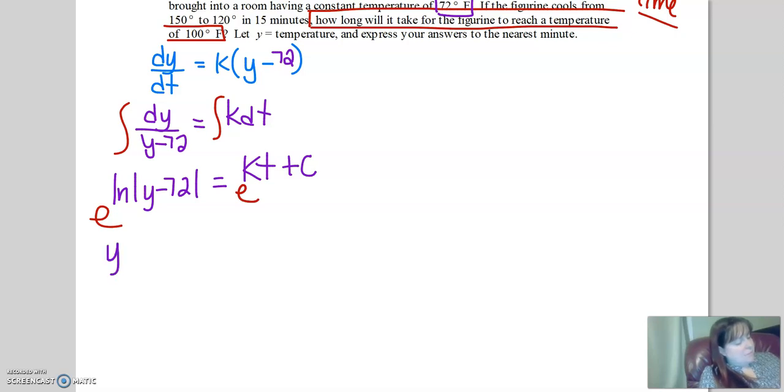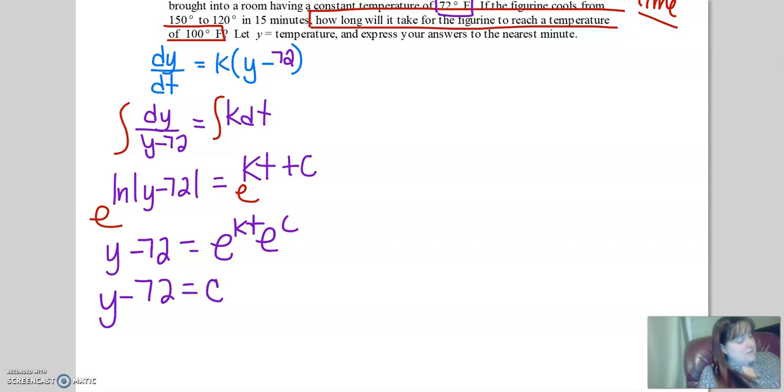We're going to end up with y minus 72, and this is e to the kt times e to the c, if you remember the last video. And e to the c is just c, so y minus 72 equals c e to the kt. And then we're going to add 72 to both sides, so we get y equals c e to the kt plus 72.